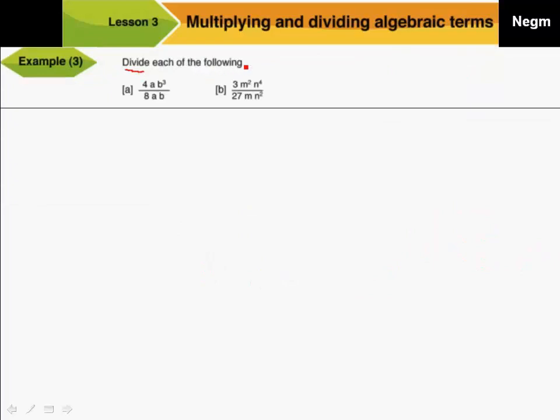Divide each of the following. We have here division. For example, in A, we have 4a b to power 3 divided by 8ab. This will be equal 4 multiplied by a multiplied b to power 3, and the denominator will be 8 times a times b.